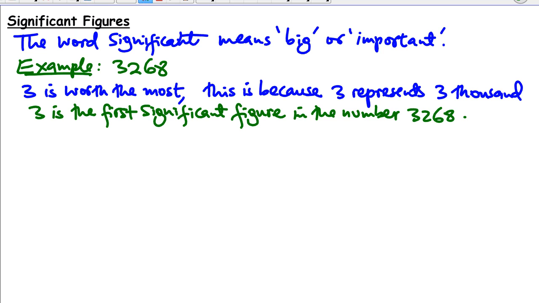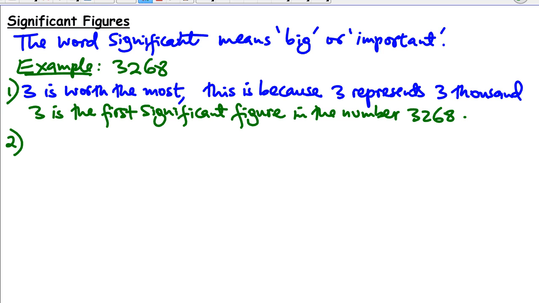It's worth the most, right? Remember, it represents 3000. So that's the first important point. Let me just write that.